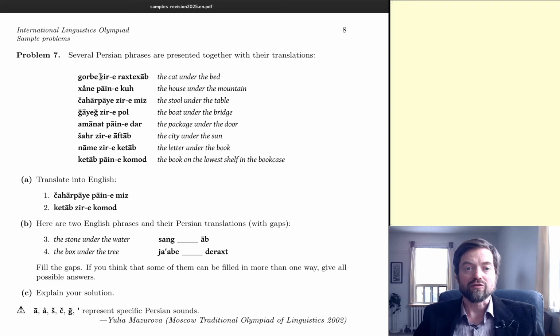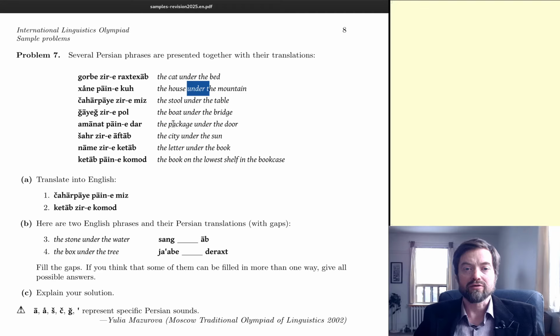And over here we see it's this middle word, zire. But then 2 of them say paine. But they're both translated as under.